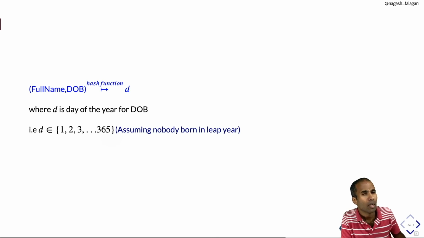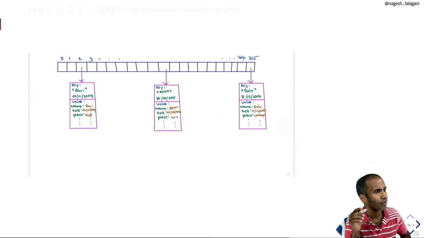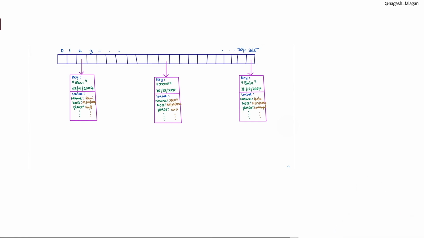Fine. Then your hash table may look something like this. Here we have an array of length 366, indices 0, 1, 2, up to 365, but we are going to use indices from 1 to 365 because our hash code will be from 1 to 365.